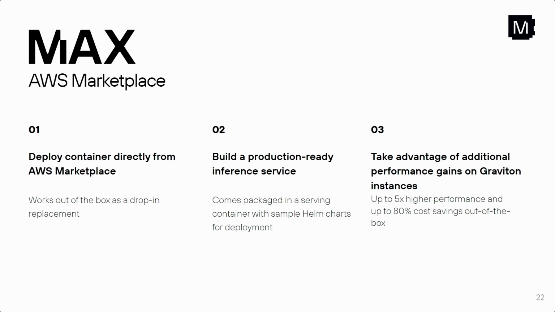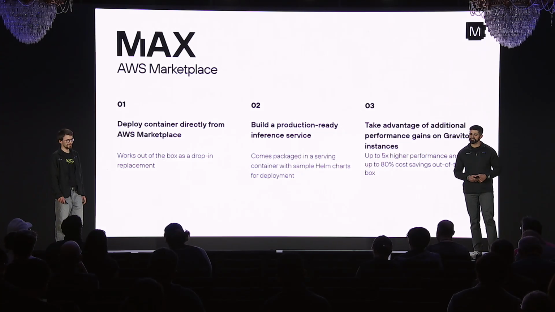Our Marketplace edition comes packaged with a Helm chart that allows you to build a production-ready inference service that scales up and down natively with demand. And on AWS, take advantage of additional performance gains seen on Graviton instances. With MAX, we see up to 5 times higher performance and 80% cost reduction out of the box. This sounds awesome. Alex, why don't we take your demo and run it in production? Yeah, that sounds great. Let's do it.